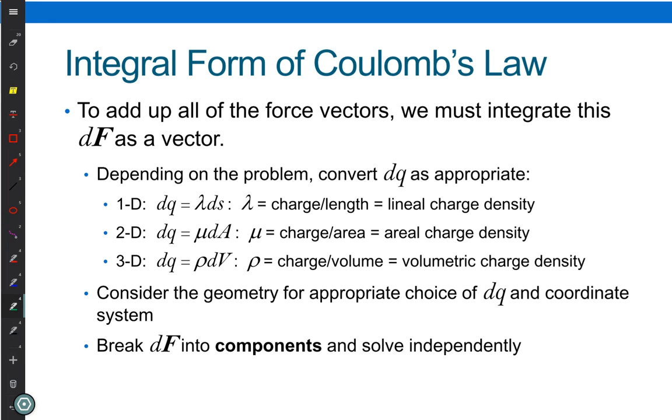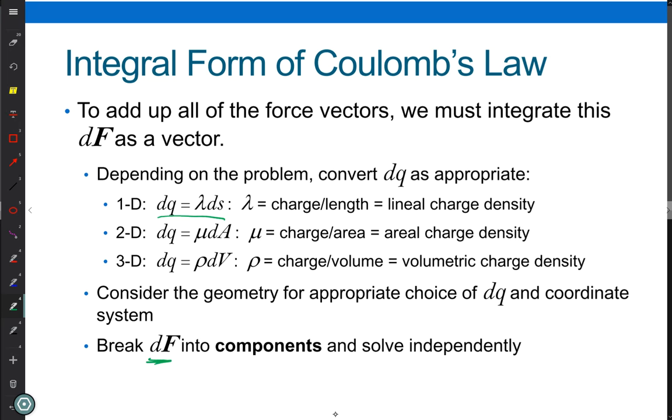Most of what I'll do today will be one-dimensional, though I will consider higher dimensional. And so I will put dq is equal to lambda, the charge per unit length, times ds. Charge per unit length could be a constant or it could be a variable. So you have to be careful. What I'm going to do today will be constants. We're going to keep it simple.